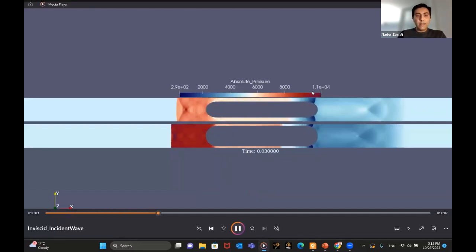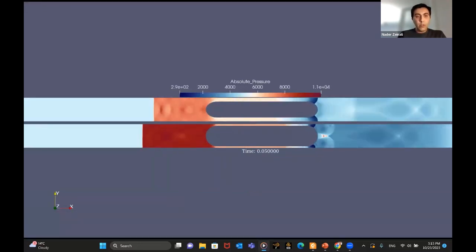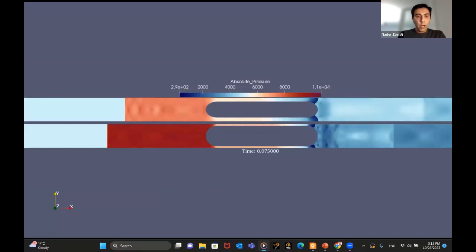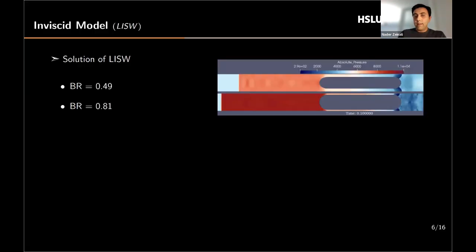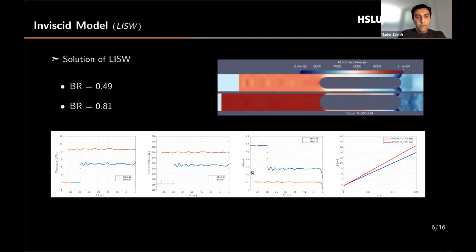Yeah, you see that the bow shock turns into the normal shock wave, and for the higher blockage ratio, it speeds up. The numerical solution for pressure, temperature, and Mach number also shows that for a higher blockage ratio, we have higher pressure in front of the pod. In other words, as we increase the blockage ratio, the strength of the shock wave also increases.